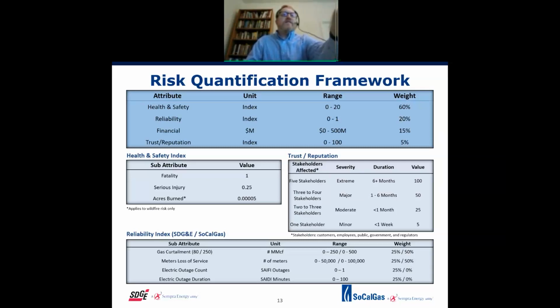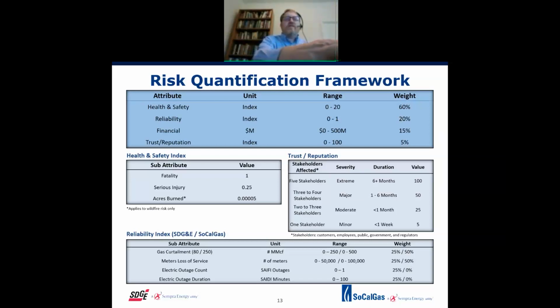What we're saying there is the things that are left of the slash are SDG&E and the things that are right of the slash are SoCalGas. So there's 4 attributes in play, but if you move your eyes all the way to the right under weight, you'll see that SoCalGas only has 50% weighting on the gas curtailment and the meter loss of service, but SDG&E has an equal 25% weight for all 4 attributes.